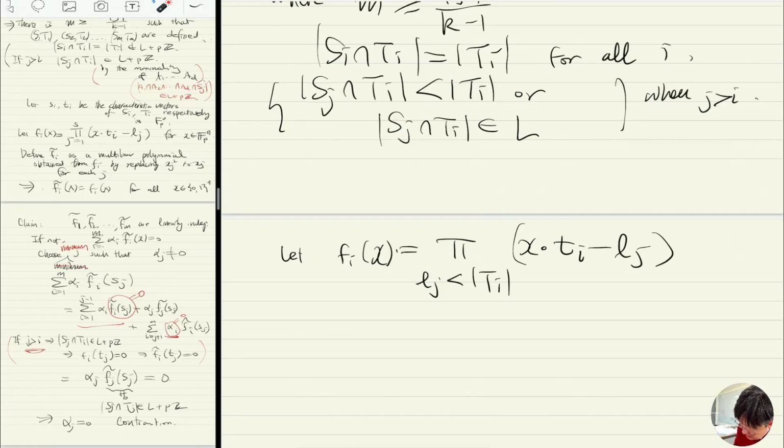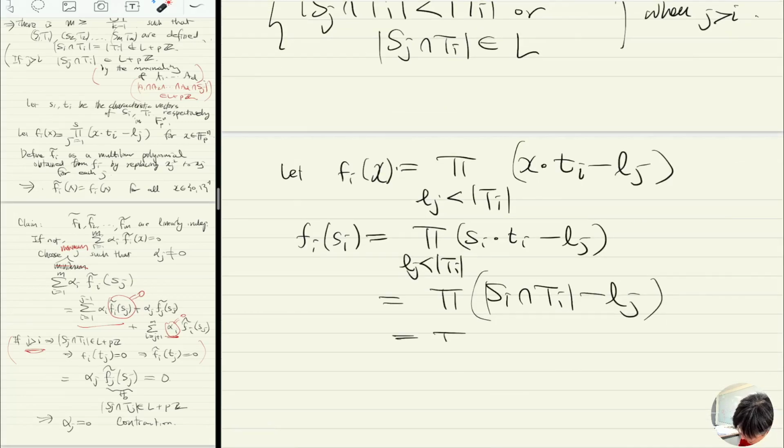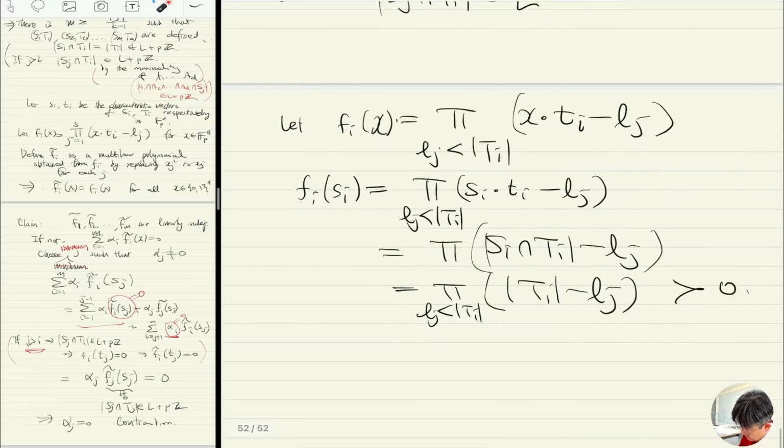Now let's look at f_i(S_i). If I put in S_i, then it's the product of (S_i dot T_i minus l_j), where l_j is less than the cardinality of T_i. This is the same as S_i intersection T_i minus l_j, which is the same as the cardinality of T_i minus l_j. But l_j is less than the cardinality of T_i, so this is positive.